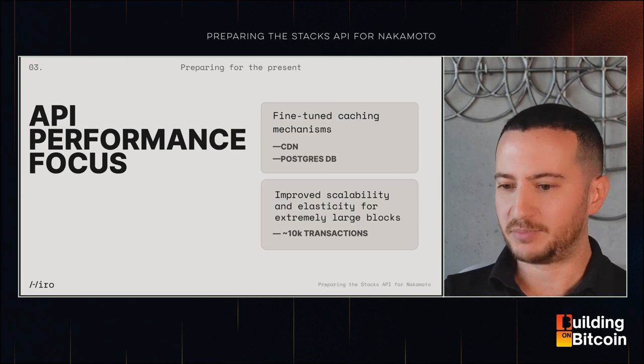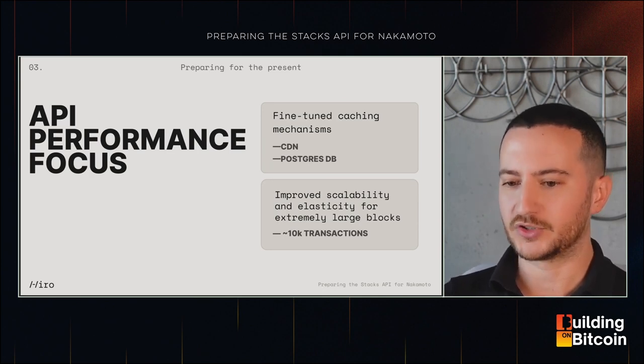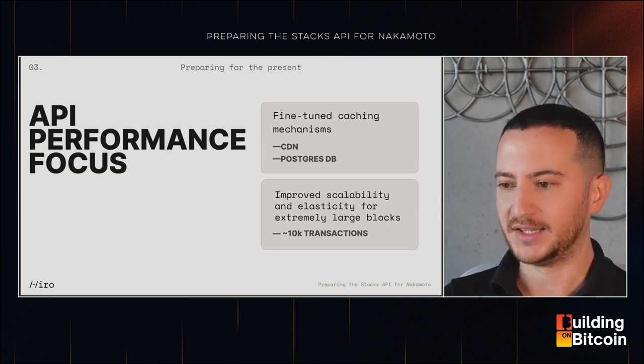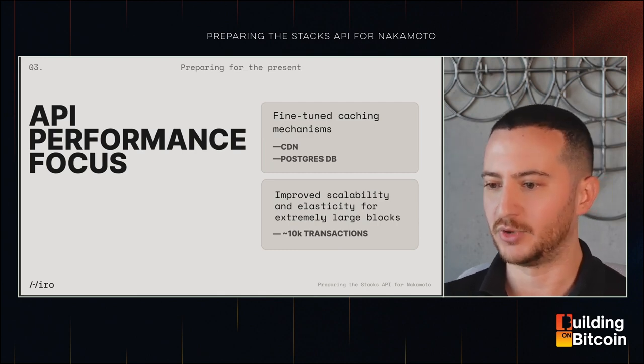And because of the spike on activity, we also saw very, very large blocks confirmed on the Stacks network. And this meant that the DevOps team had to increase the scalability and elasticity on our environments to deal with these large blocks.